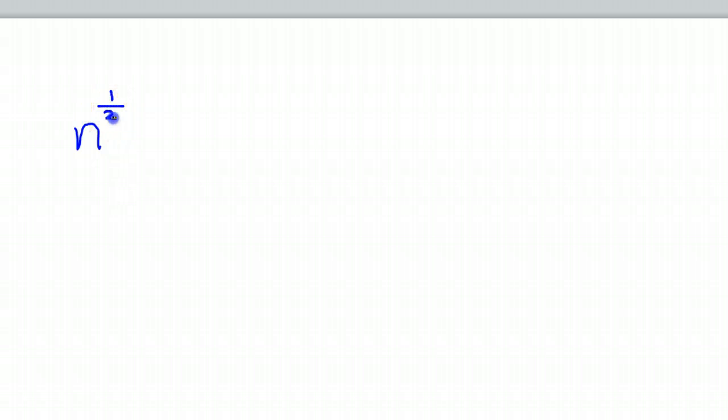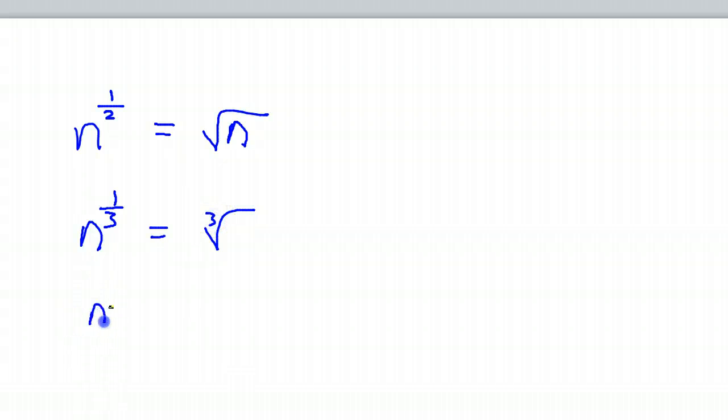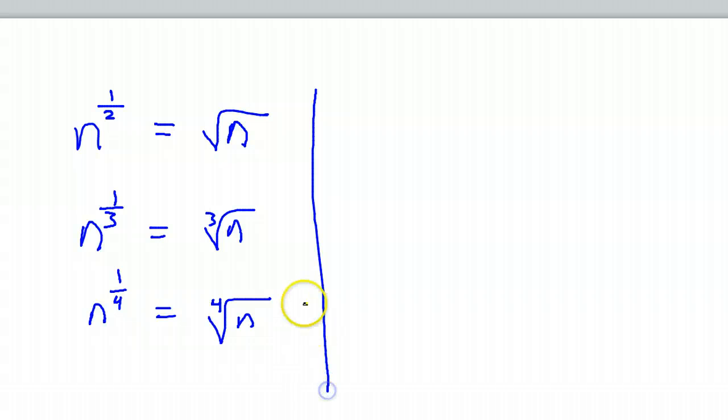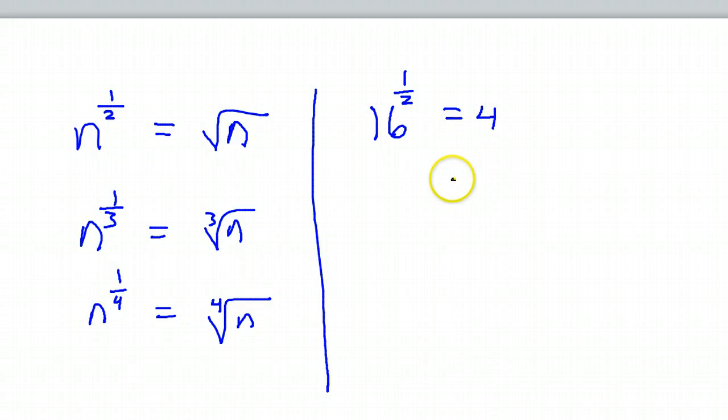For example, the 1/2 power is the same thing as square root, and so on. 1/3 power is the same thing as cube root, and 1/4 power is the same thing as the 4th root. So, if I want to use an exponent that's going to change a bigger number to a smaller number, for example, if I do 16 to the 1/2 power, that's 4, because that's the square root.